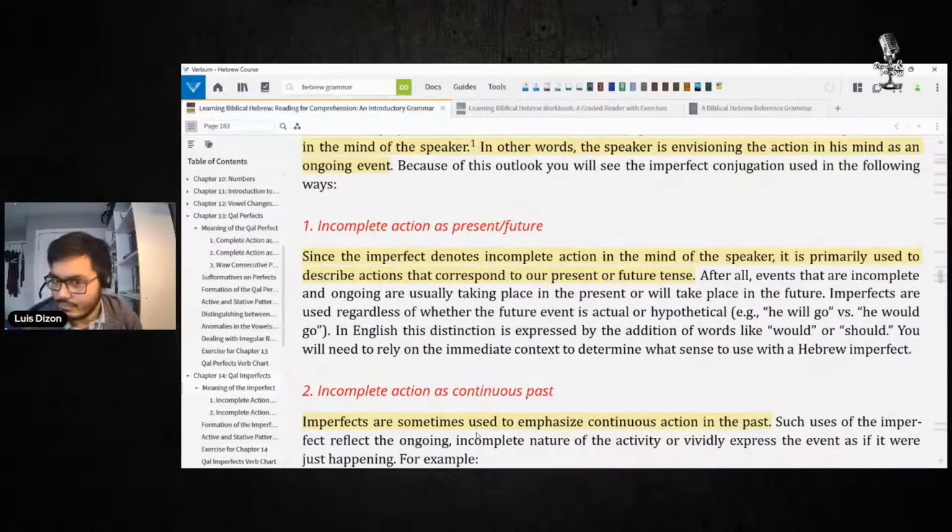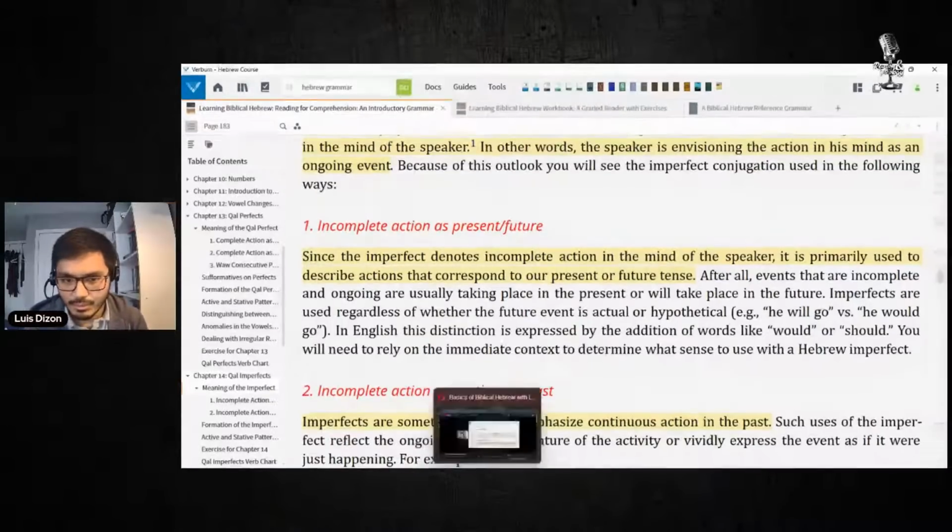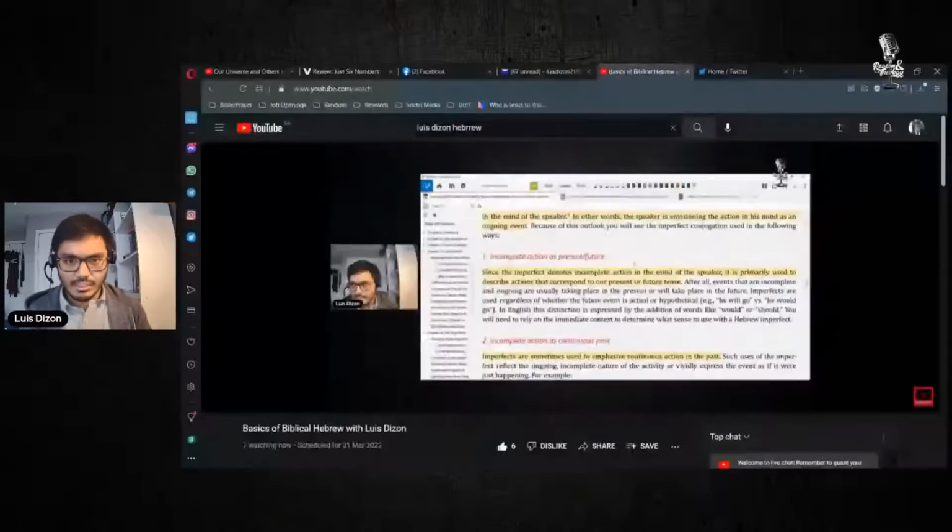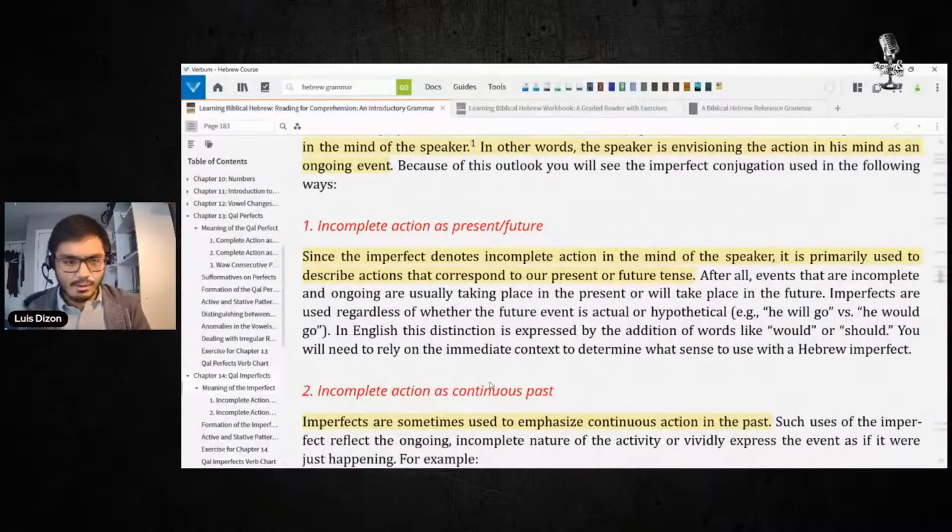You may be wondering, if it can be both present or future, how do we know which one to use? The answer, of course, is context. Usually, just from reading through a text, when you encounter the Qal Imperfect, you would know from context whether you should render it as a present tense verb or a future tense verb when translating it into English. There are only a few places where it's genuinely ambiguous, where it could go either way.